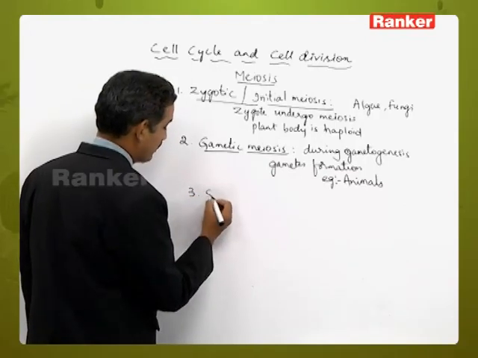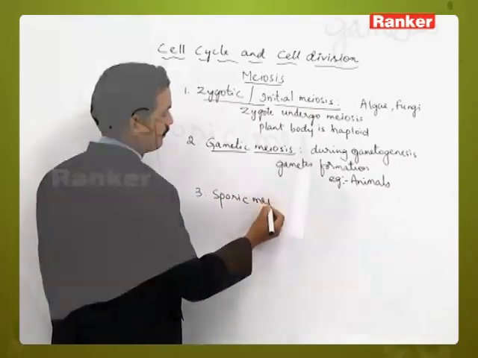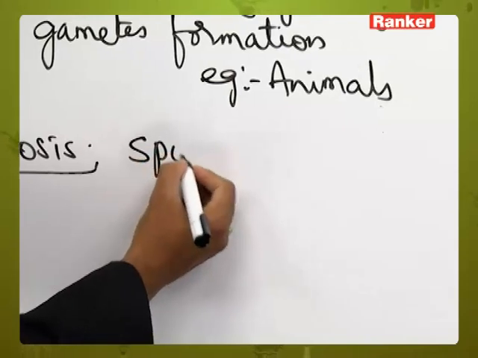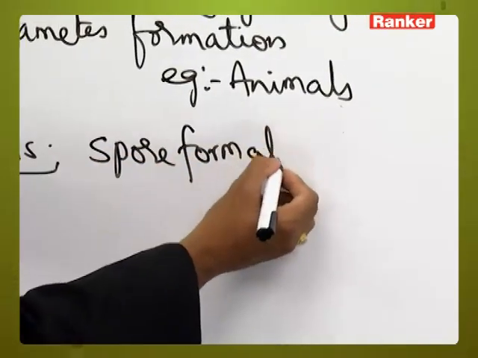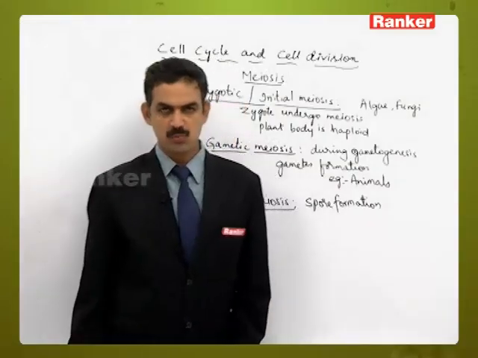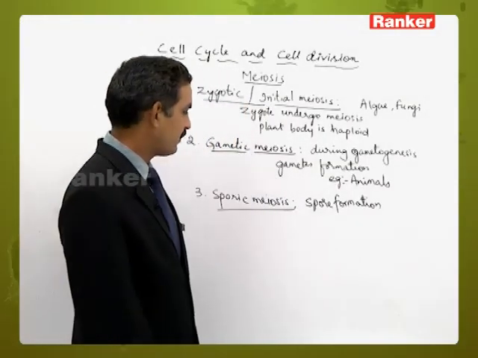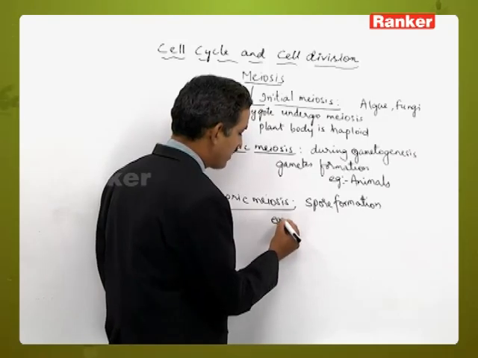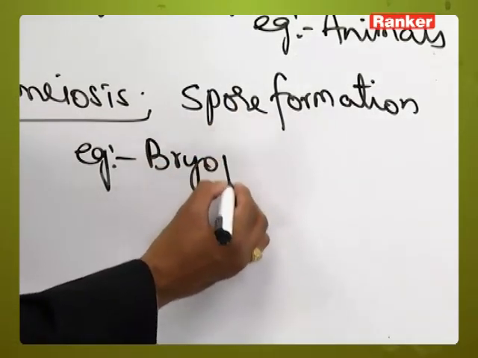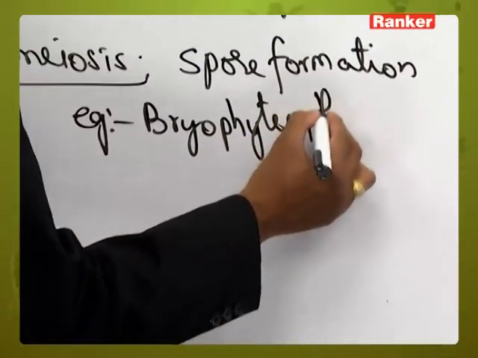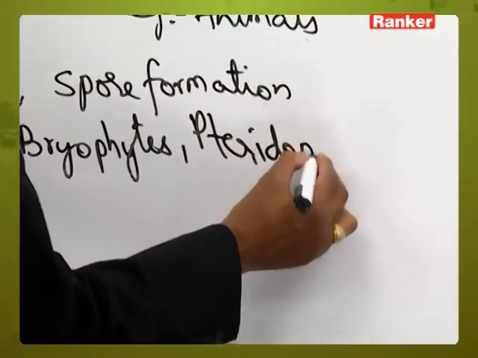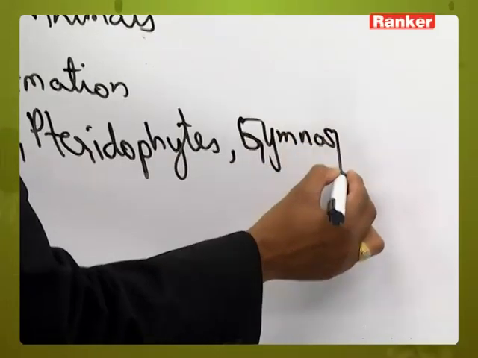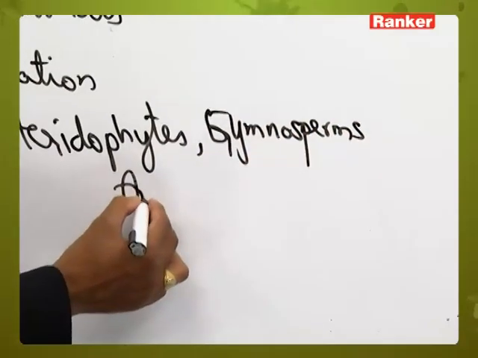Then sporic meiosis. This is the meiosis which occurs during spore formation, in the spore mother cell, microspore mother cell or megaspore mother cell, resulting in the spores, the microspores or megaspores. This is observed in higher plants like some bryophytes, pteridophytes, gymnosperms, and angiosperms.